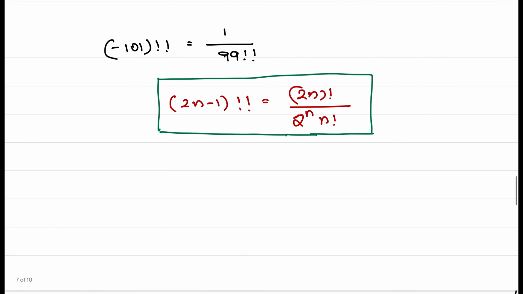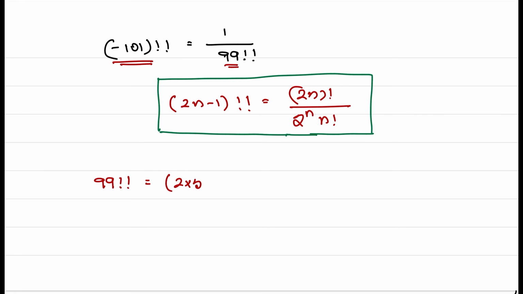Now, I want 99 double factorial. Because here it is negative, hence I got it in positive values. Now the positive double factorial I am finding, that is equal to 99, which can be written as 2 into 50 minus 1 double factorial, where n is equal to 50. Please try to understand this step.